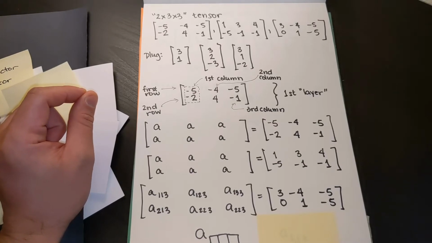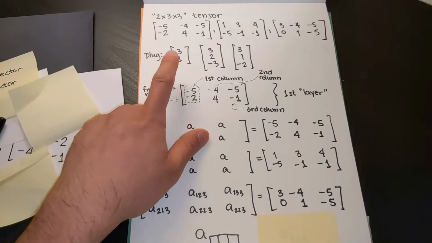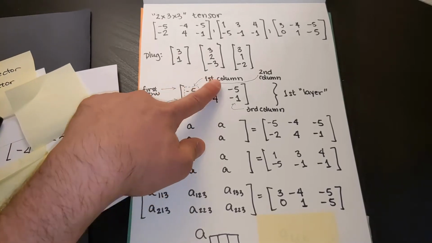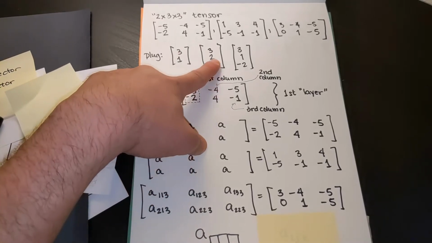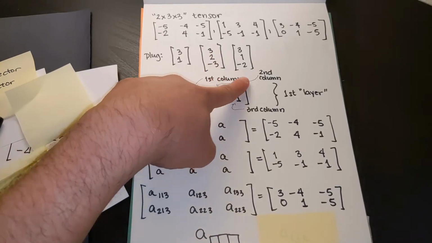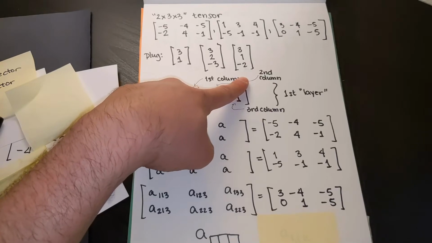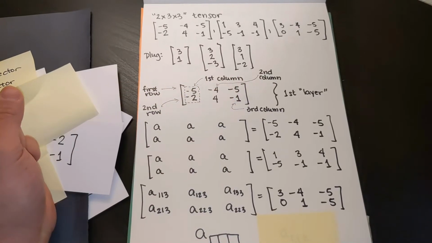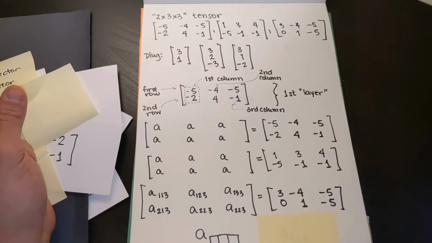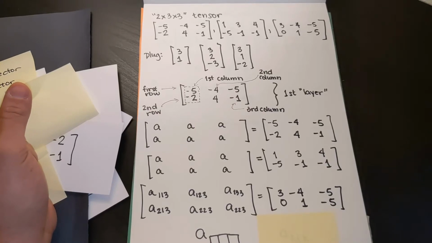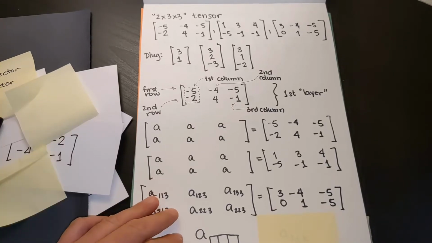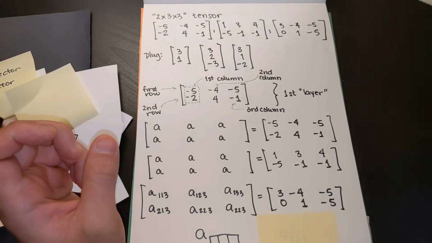Since this is a 2 by 3 by 3 tensor, we plug in a 2D vector, a 3D vector, and another 3D vector in that order. The output is one number. I just made up the word layers. Nobody really calls it like that.